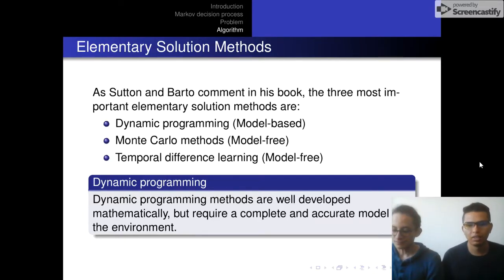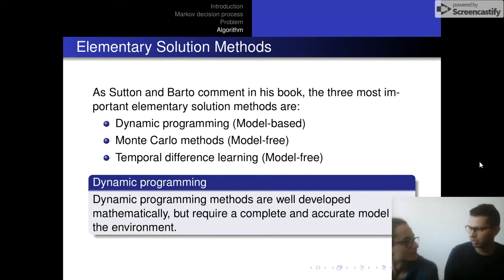Okay, at this point, we have talked about the real problem in reinforcement learning. We have talked about the value functions, the state value function and the action value function, but we haven't talked about how to solve this problem, how to find the optimal policy, which is the real problem here.